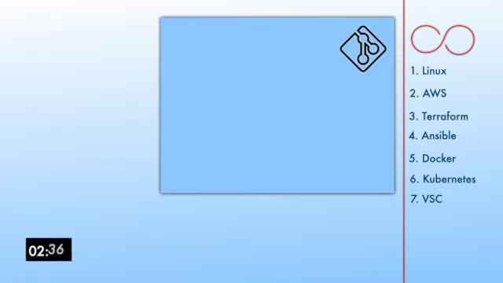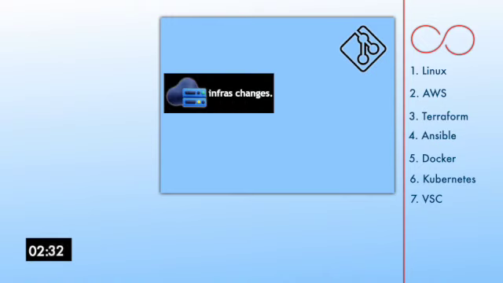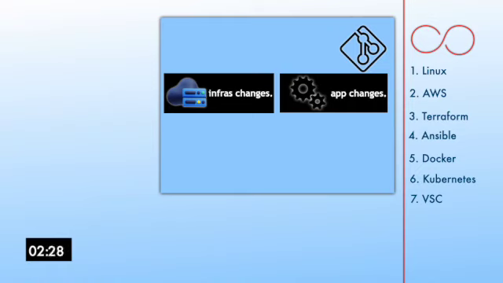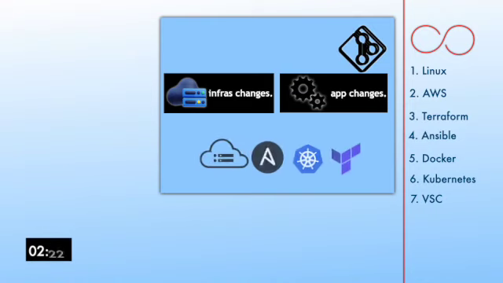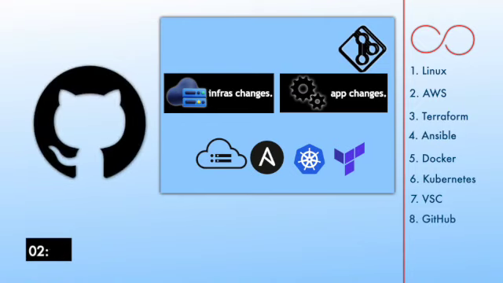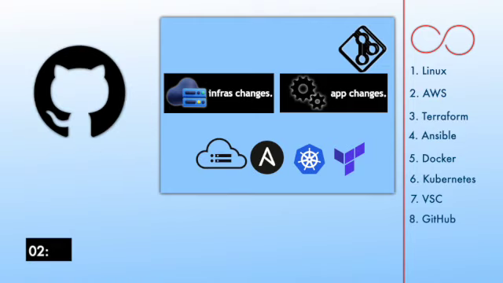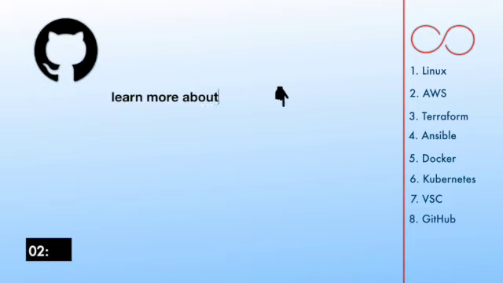So you need the knowledge of Git to apply infrastructure changes the same way as application changes, right? For these reasons, it involves integration with Git, cloud platforms, Docker registry, pipeline as code. Particularly, we need a remote Git, and GitHub shines in this category. If you want to learn more about GitHub, check the links in the description below.